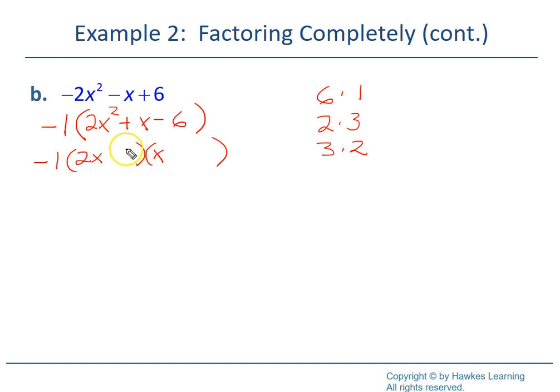So if this is a 3 here, and this is a 2 here, I'm using this one, notice my outers now are a 4, my inners are a 3, and the difference is 1. So if this is a plus, that gives you a positive 4x. The inners are a negative 3x. It gives you this, so it checks out.